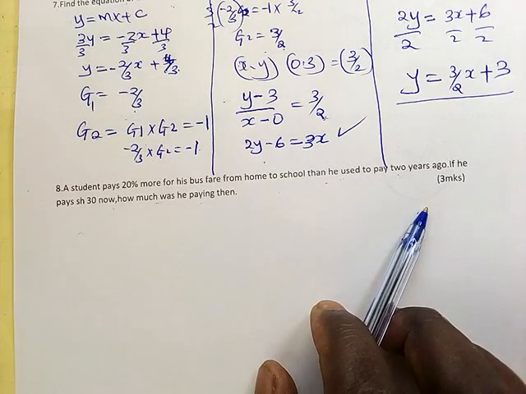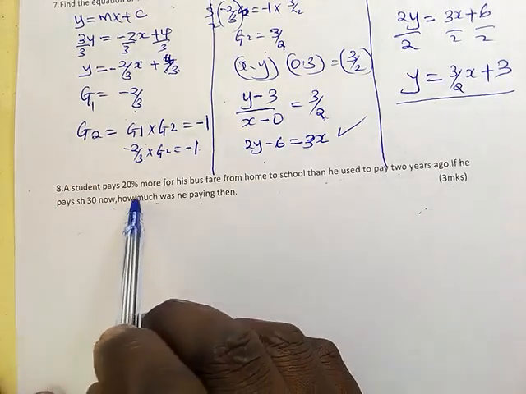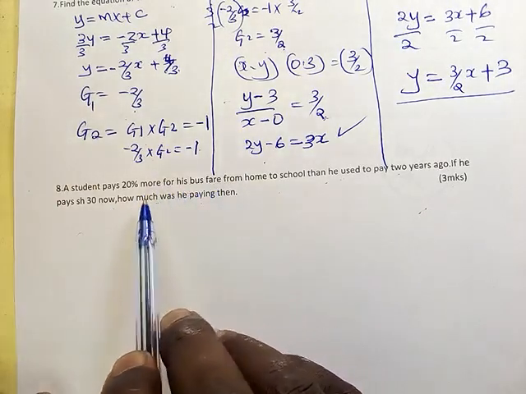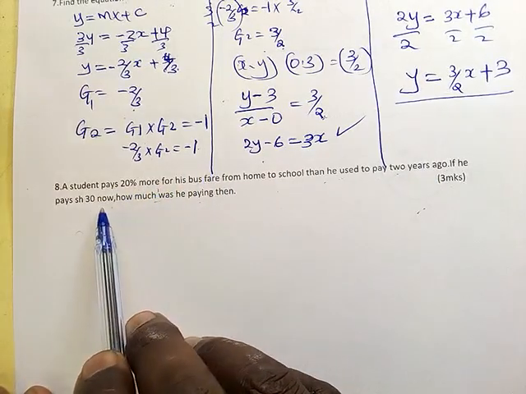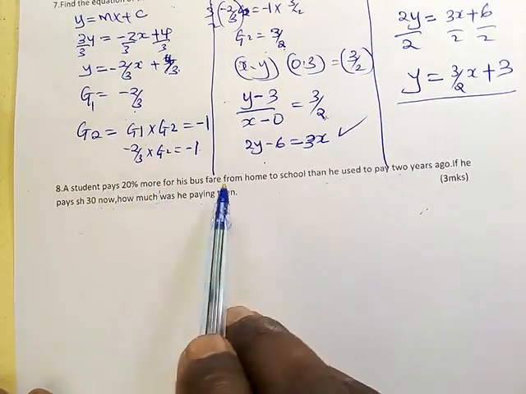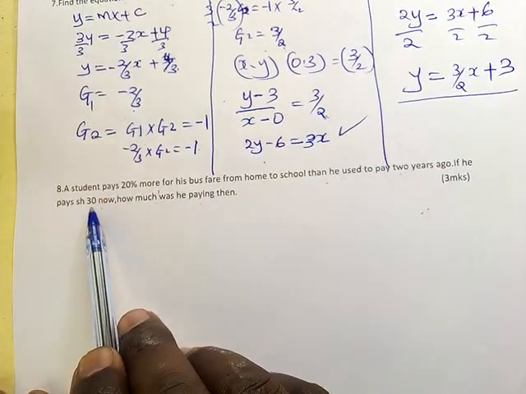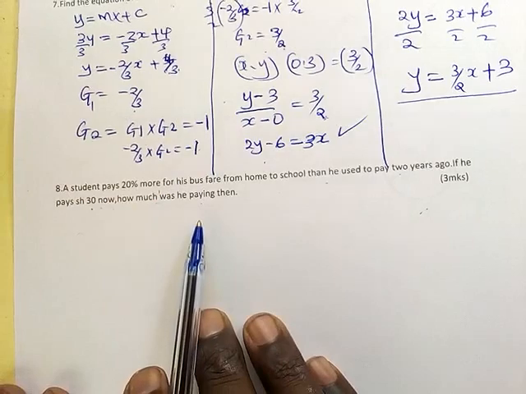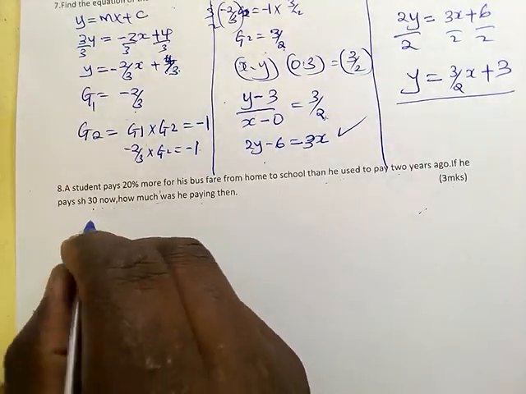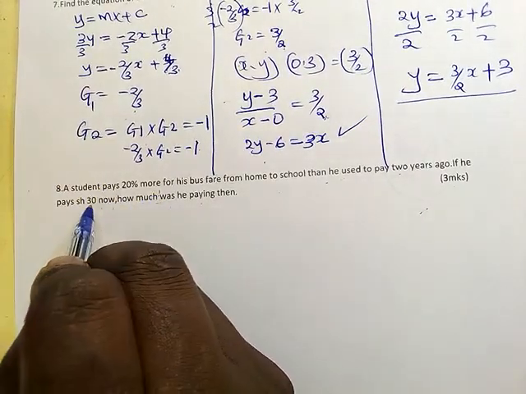If initially the student was paying a certain amount and now is paying 30, we can easily get the initial amount.